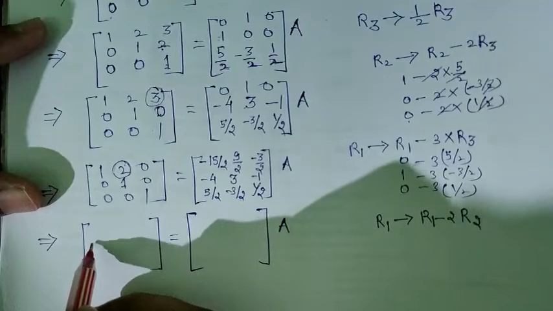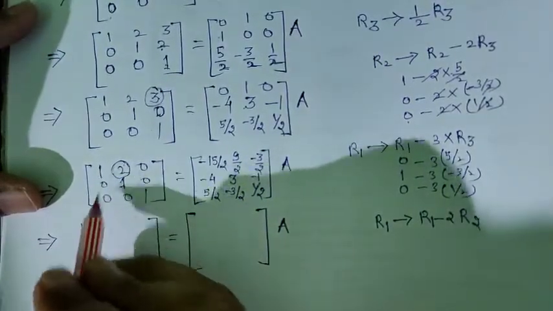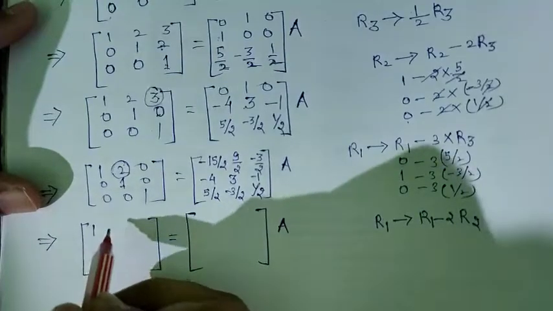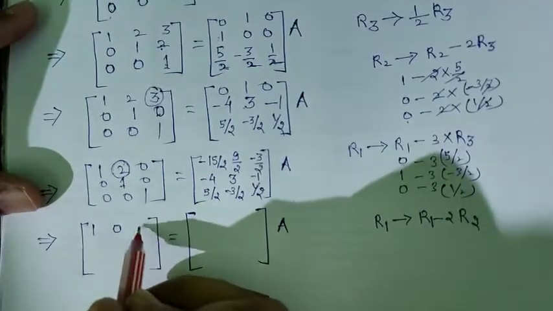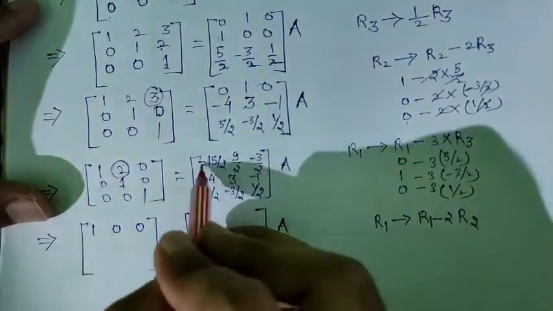Now in R1 I will be writing, these two are zeros, so this won't affect the other elements. This will become 0, this will become 0, and now only changes will be there.